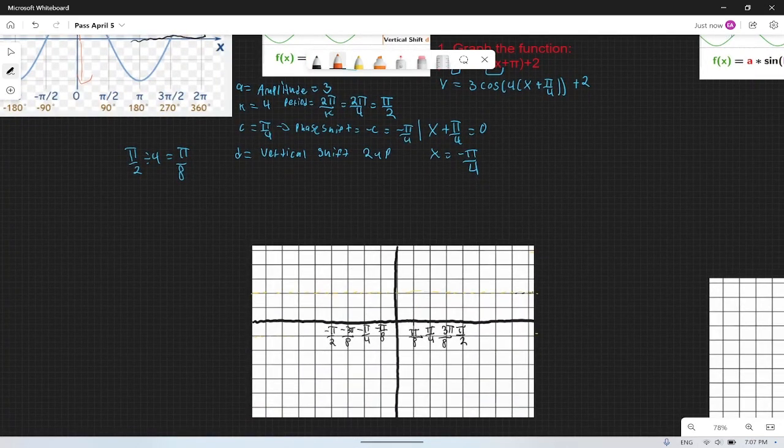So we know our amplitude is 3. I like to do a little dashed line, so I know this is the highest point our graph will reach, and then down 3 here, this is the lowest point it will reach.